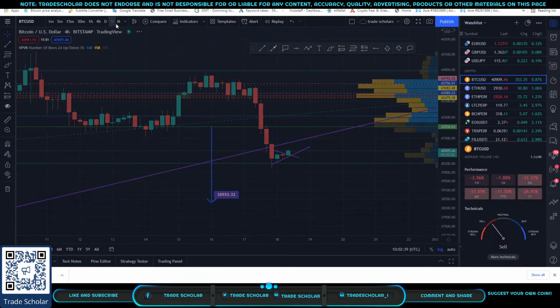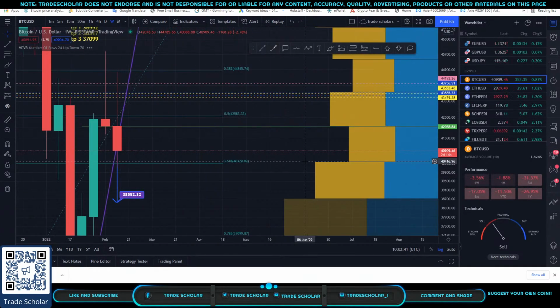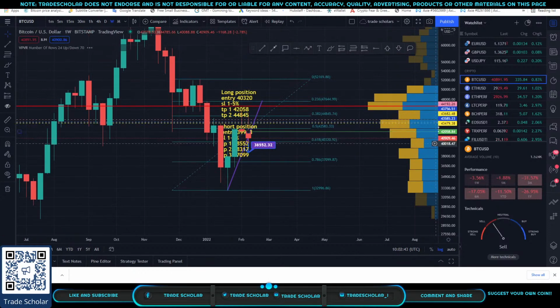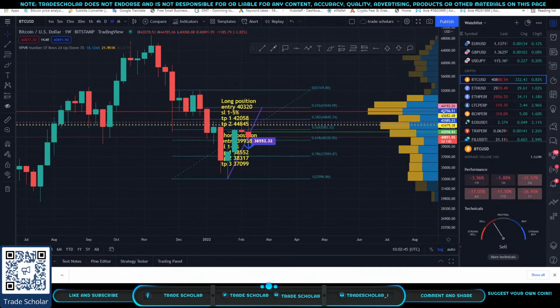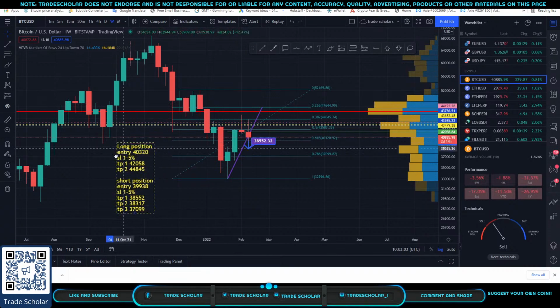So in the weekly time frame, this is our VPVR. The volume below here is not much compared to our volume here, 41,000 to 42,500, so there is resistance in this area.